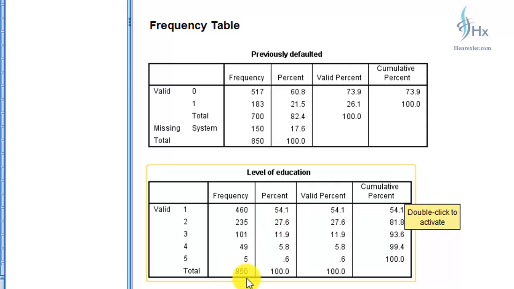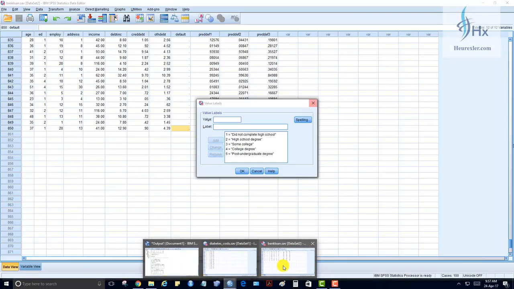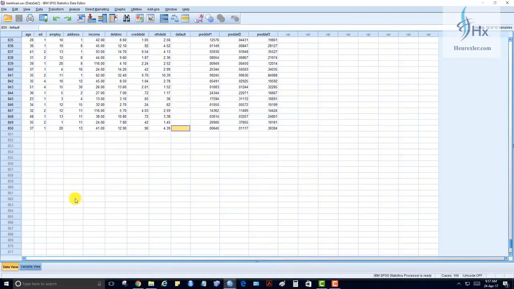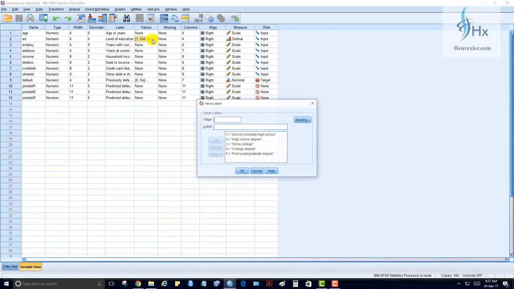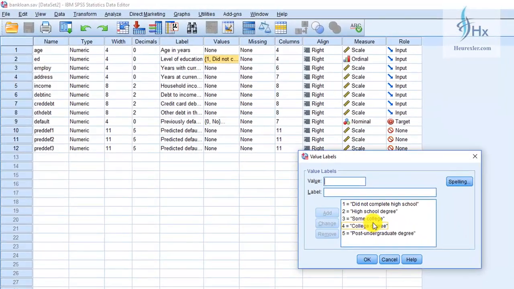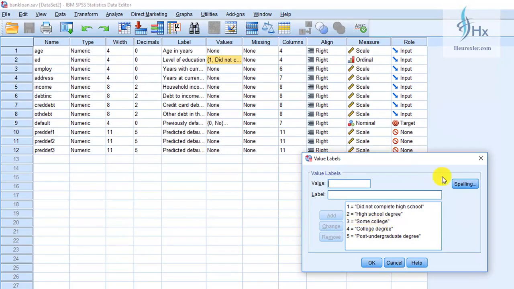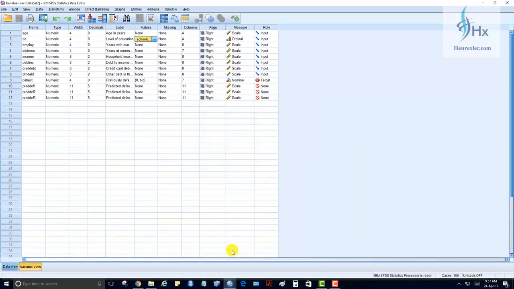Out of those 850 individuals, 27.6% belong to education level 2. So 2 is high school, 3 is some college, and 4 is college degree.